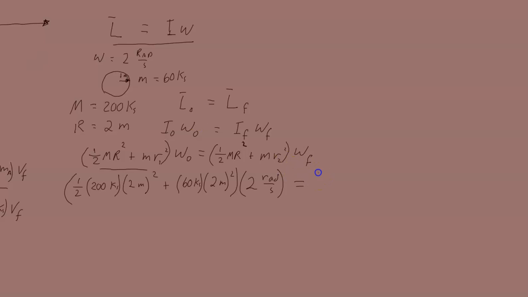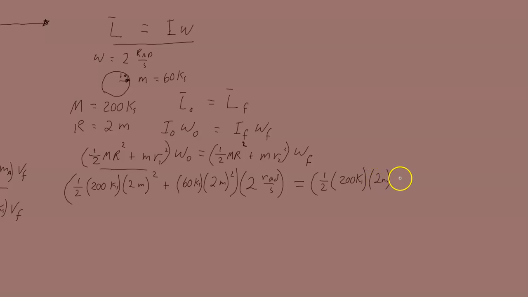Now, on the other side of the equation, the merry-go-round itself has not changed its moment of inertia. It's still a 2-meter merry-go-round.